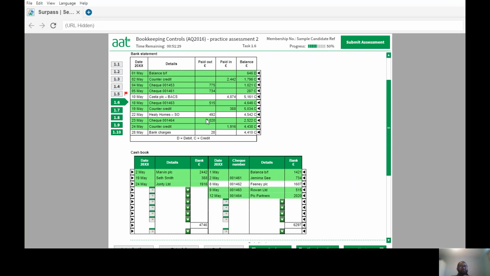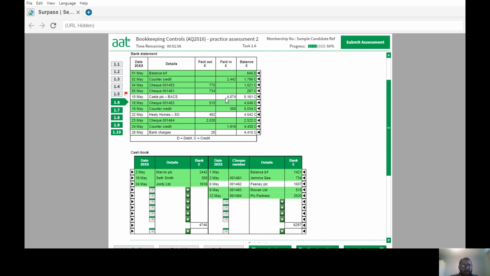So we are missing 3 transactions from my bank statement in my cash book. So the cash book has to be updated with all of that information. So what we now have to do is find this information, put it over to the cash book, and then find the new balance for my cash book.